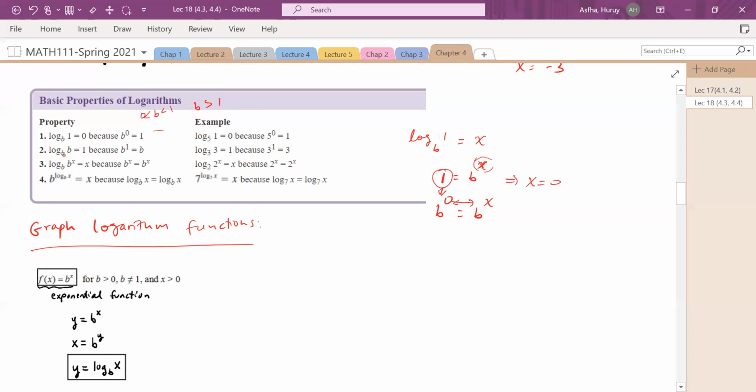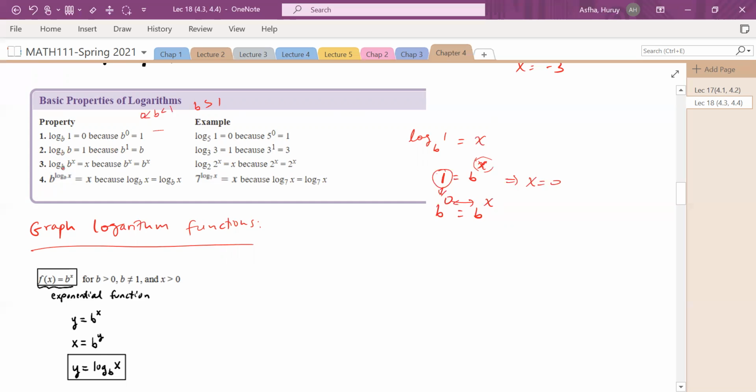And the other one is log of b to the base b. If the base and the argument are the same, then this is always 1. For example, log of 3 to the base 3 is always 1.